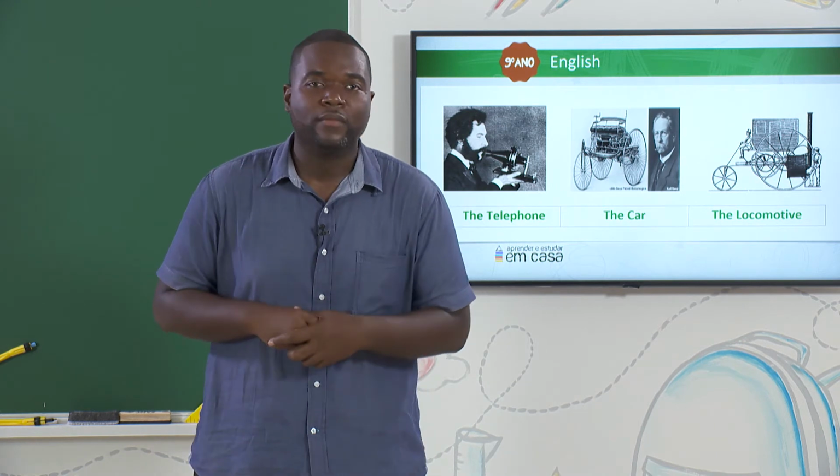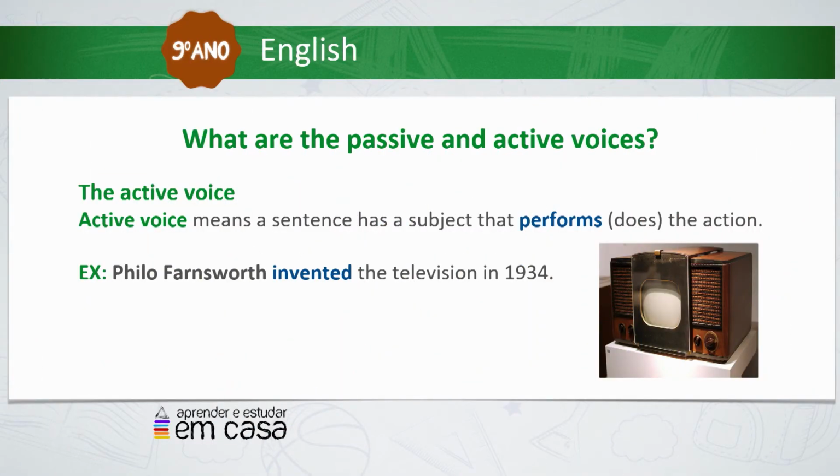Let's go. So the question is, what are the passive and active voices? Well, the active voice means that a sentence has a subject that performs or does the action. For example, Philo Farnsworth invented the television in 1934. And can you see that picture, students?